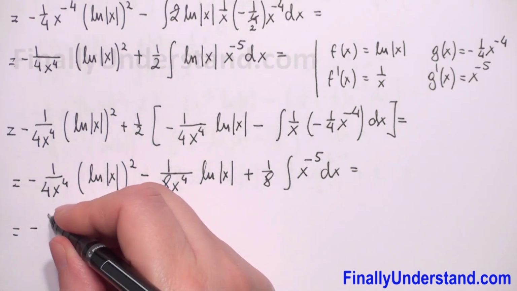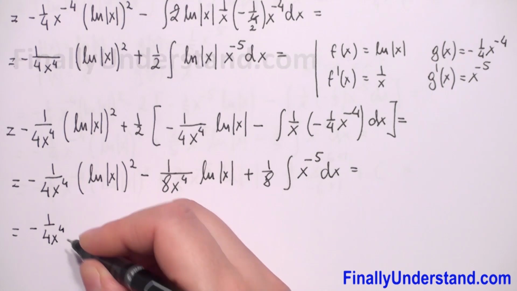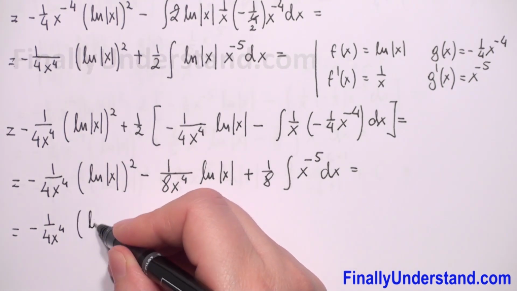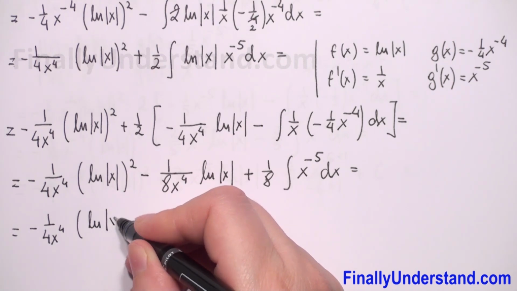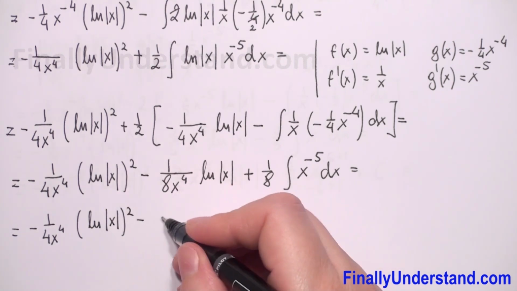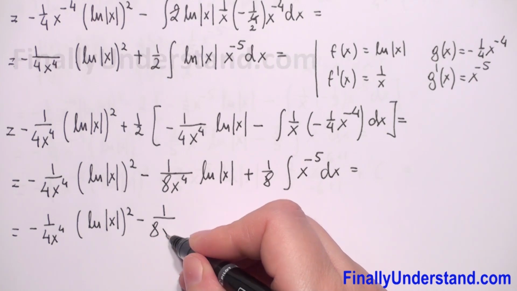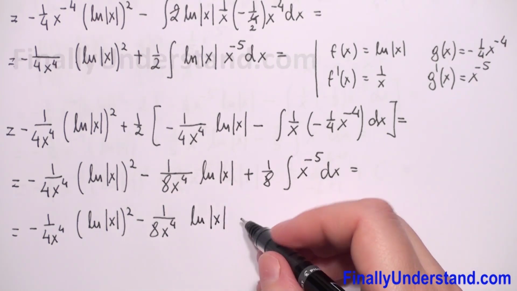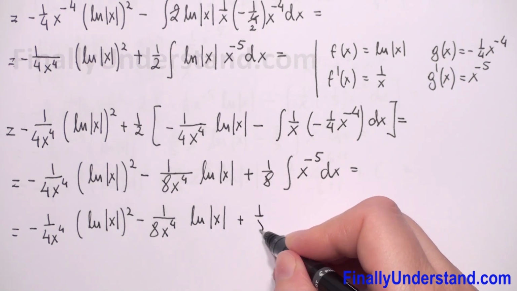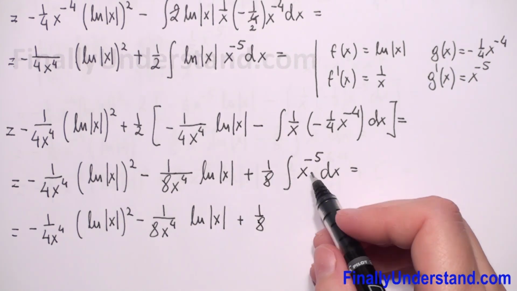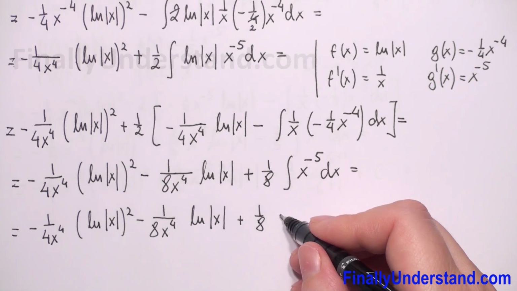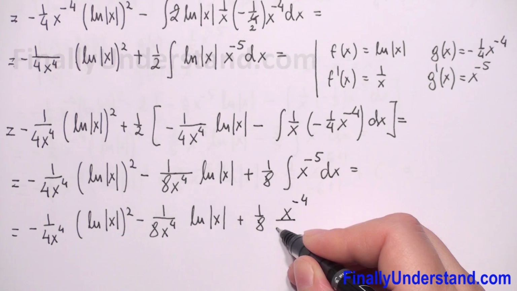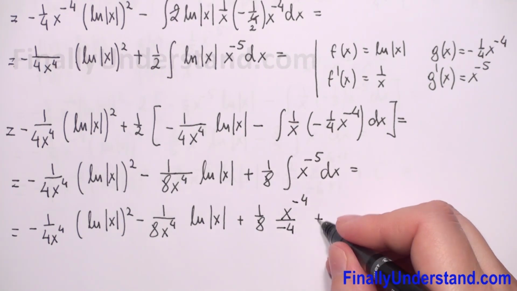We have negative 1 over 4x to the 4th power, and we have the square of the natural logarithm of the absolute value of x minus 1 over 8 x to the 4th power natural logarithm of the absolute value of x plus we have 1 over 8, and now the integral of x to the negative 5th power will be x to the power negative 4 over negative 4 plus constant c.